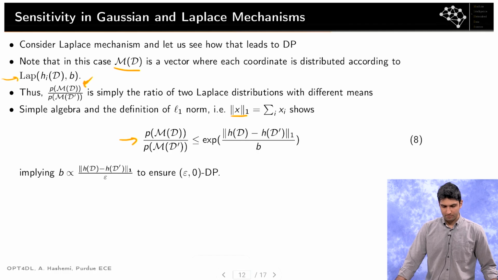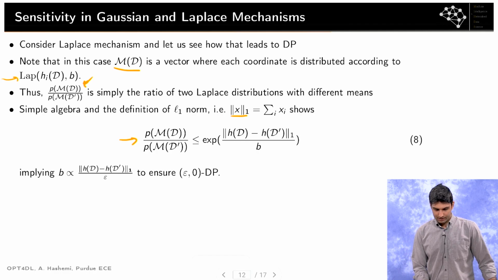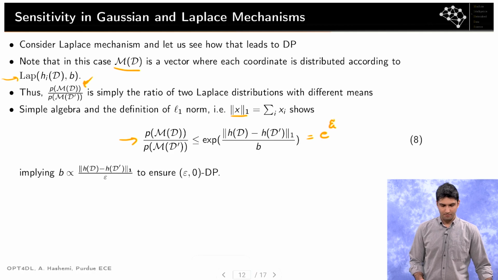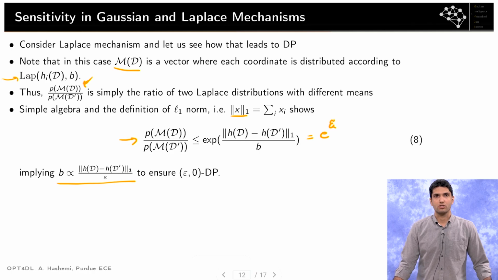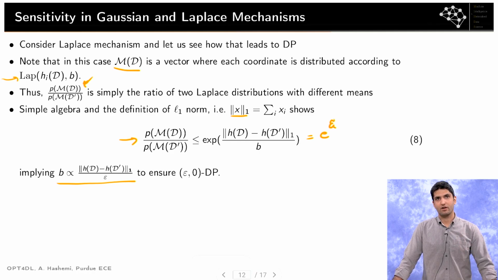So the ratio will be bounded by the exponential of some difference over b. Which difference? The difference is the L1 norm of h when I use d as my training data minus h when I use d prime, the neighboring data set, as my training data. So if I want to satisfy differential privacy, I have to let this be e to the epsilon, which means that I have to set b to be proportional to this difference divided by epsilon.